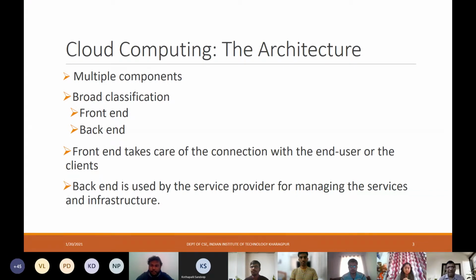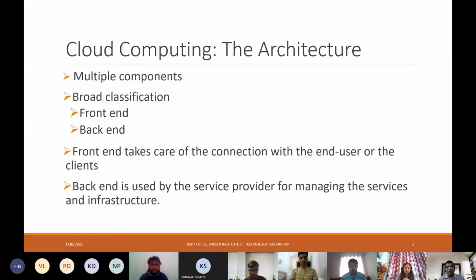The back end is typically used by the service providers for managing the services and the infrastructure, whereas the front end is what end users use to interact with this cloud platform. Typically, this front end is some kind of web form or web interface through which the clients connect with the cloud service. So you have both the front end and the back end.